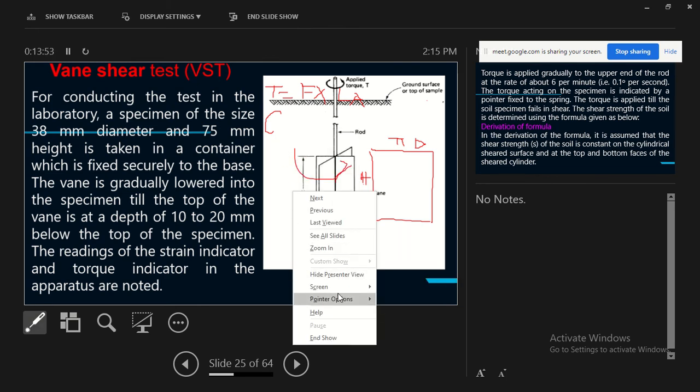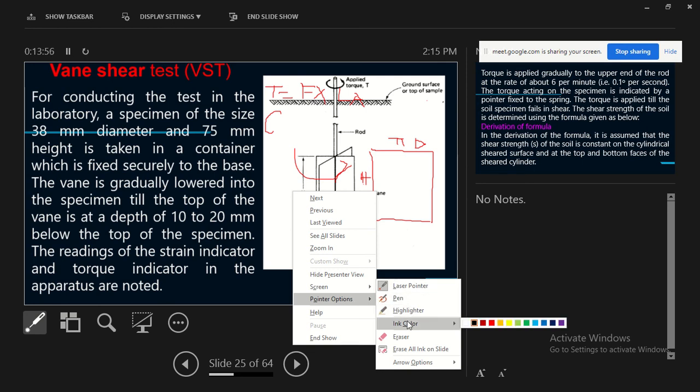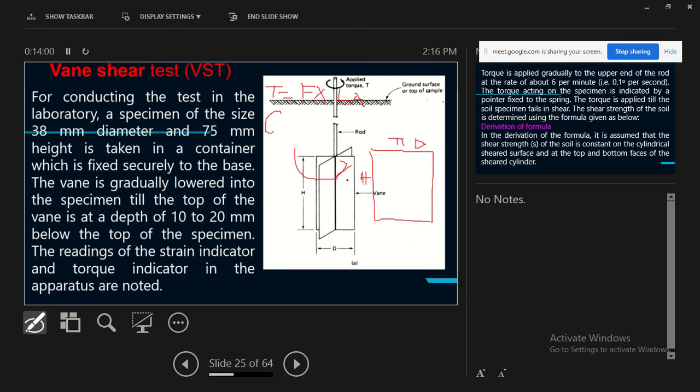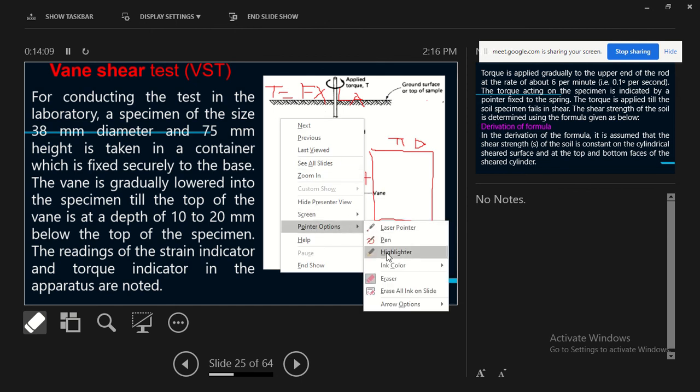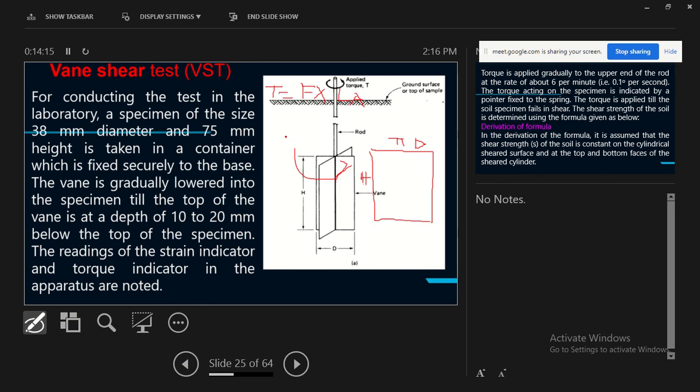Now the area would be pi D times H. The area times the stress Cu, times the lever arm, which is D over 2, or the radius if you so wish.